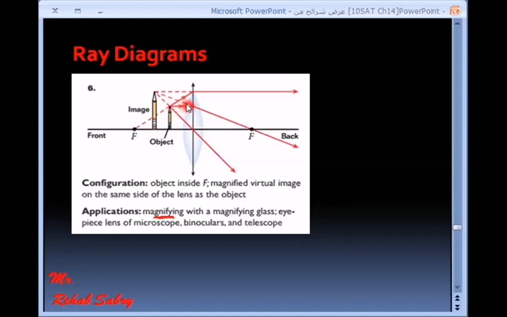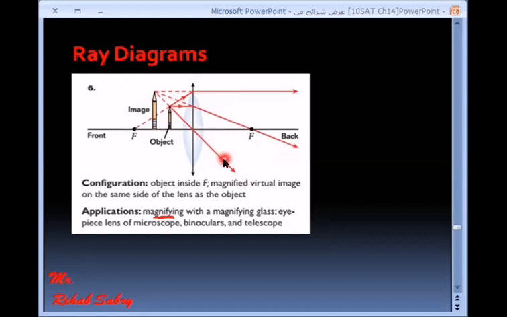In the figure the three are sketched, but when drawing in the exam or anywhere, we make two only. One is parallel to the principal axis, so it goes through the focus. The other goes through the optical center. The two are enough. Don't sketch the third because it will make a large amount of interference.